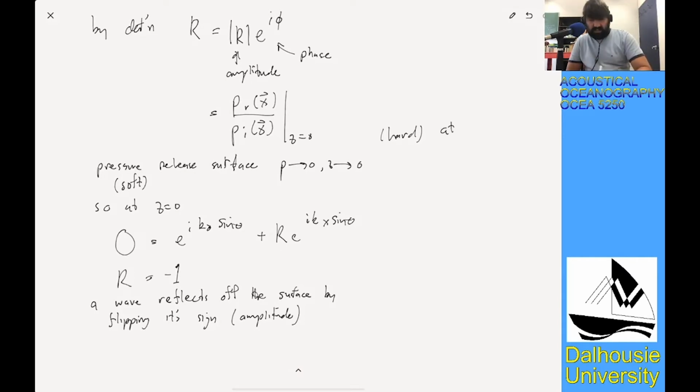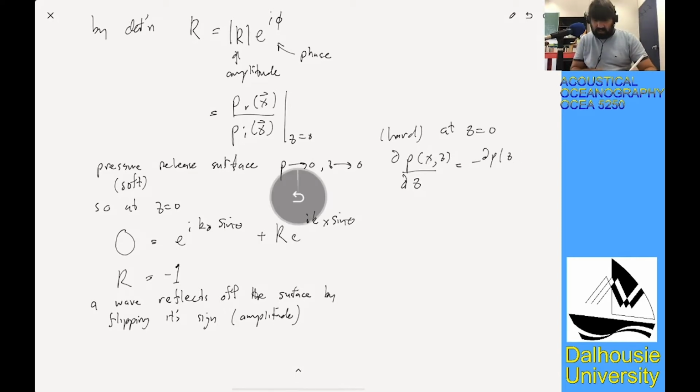Okay, at z equals 0, we're going to have dp, and this time we had it written in terms of dp/dn, but really this is dp/dz because we're talking about a horizontal interface in our little diagram from page 1, equals 0.